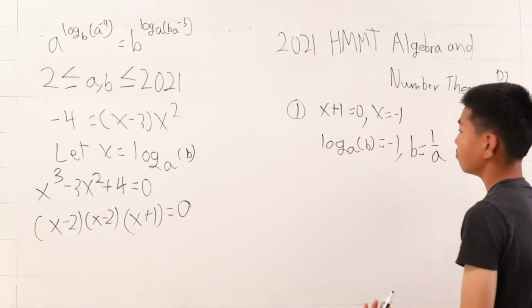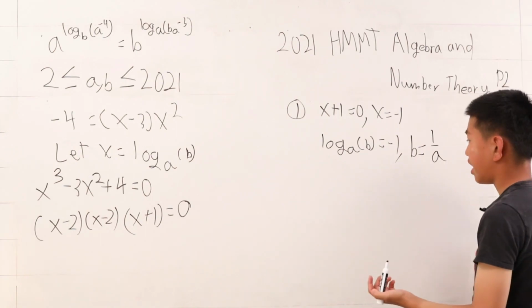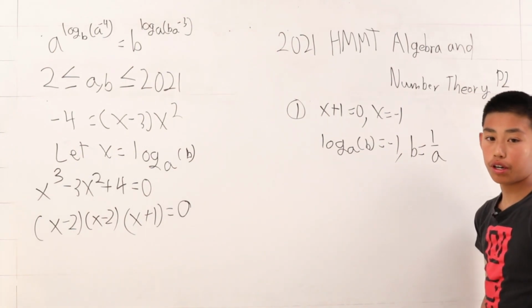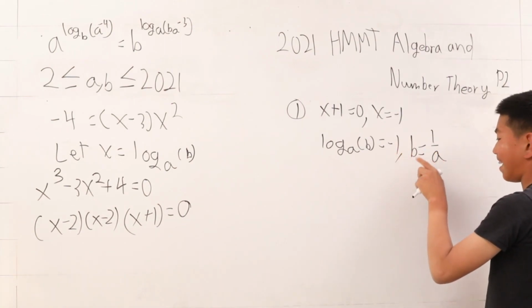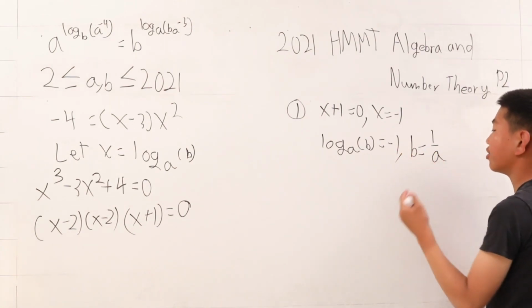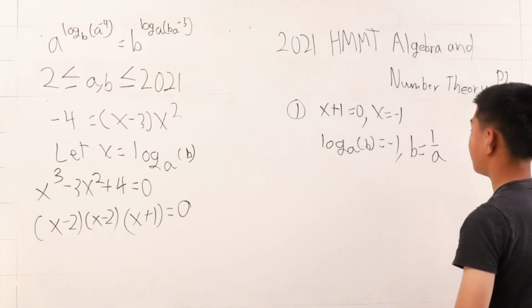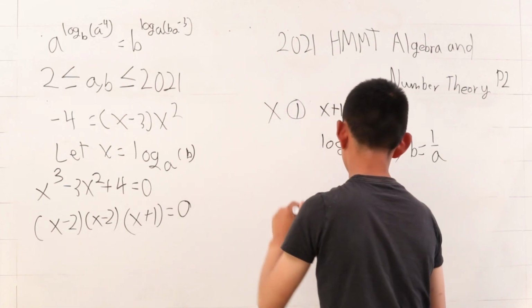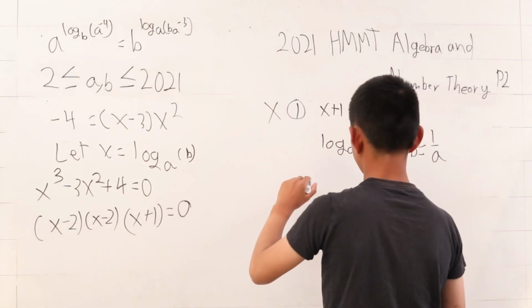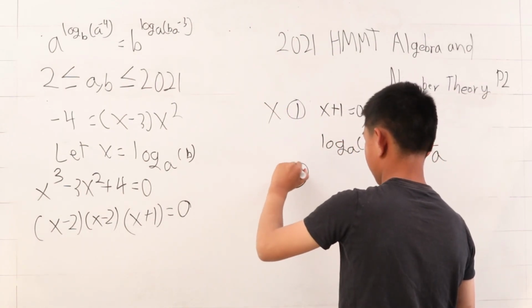We were given that a and b have to be integers, but in this case, for every positive integer a, b is not an integer, because it's a fraction. So the first case is wrong. Let's consider the second case.